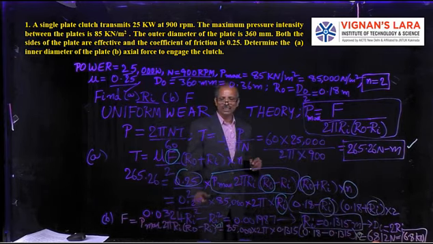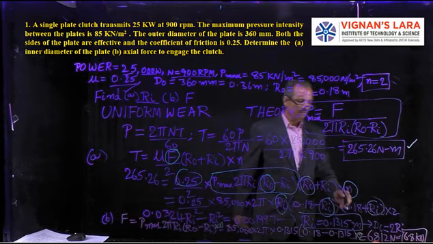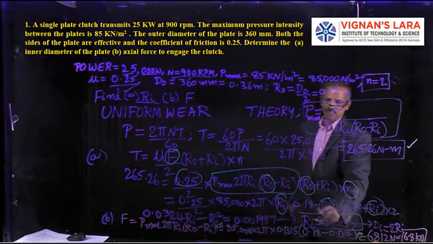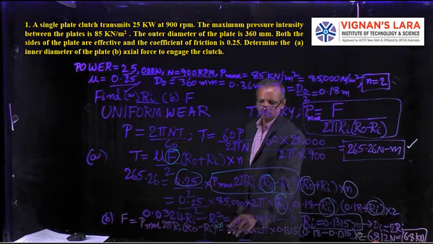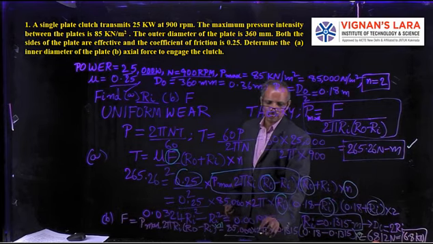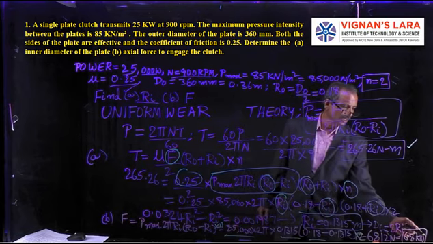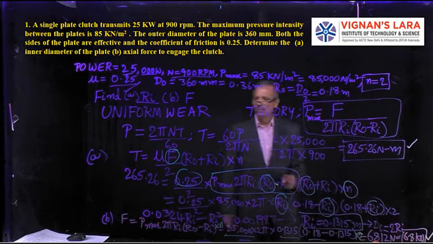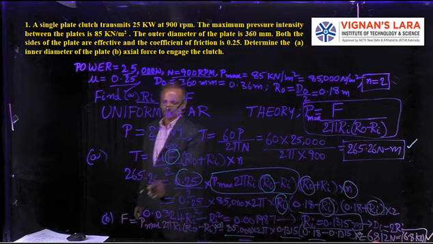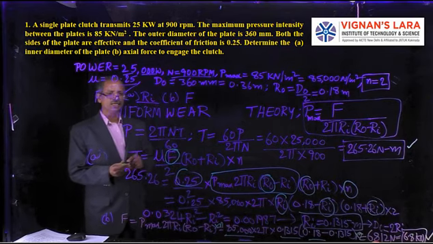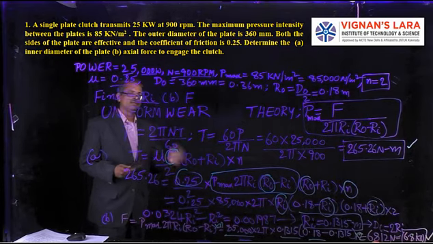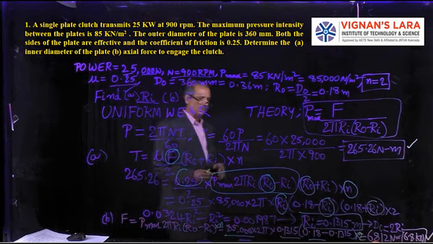So N is 2, the N value 2 is substituted, and the known values of P max, Ri and R naught which were obtained are substituted, and then we get the value of the axial force. Okay, we will see another problem on single plate clutch in a more complex manner.